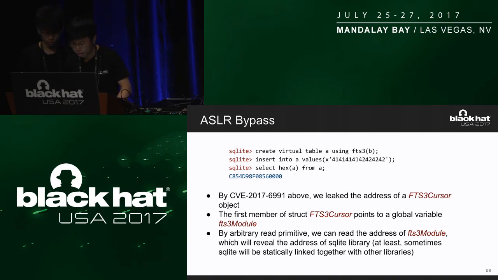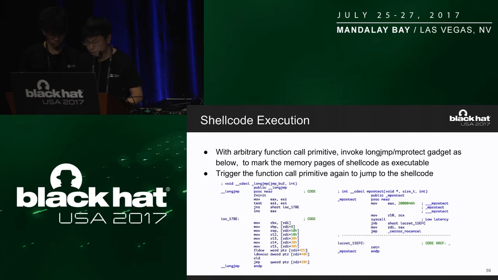In some targets, SQLite is statically linked together with other libraries so that we could use more gadgets and functions. As with shellcode execution, we could use the function call primitive to invoke a function like mprotect to get executable memory.